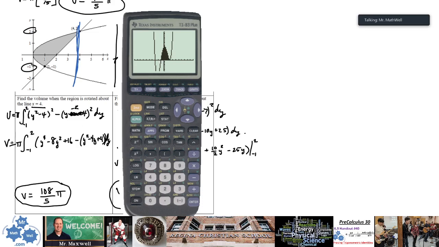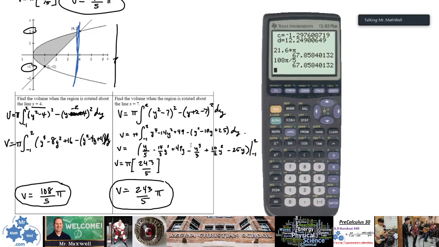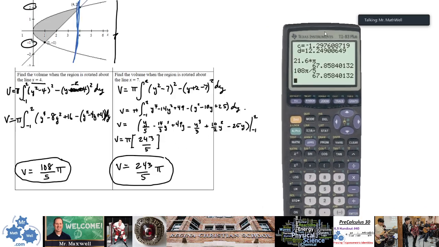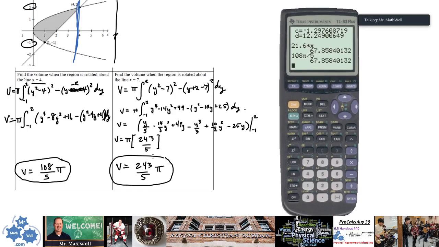I multiplied that by pi, and I got this decimal, which is roughly equivalent to this exact value. So you see that's the same. Okay, so that's how I checked that on the calculator. And again, there's the answer, and a little bit more work. I didn't show all my steps for sake of space, but those are the answers for those two examples.